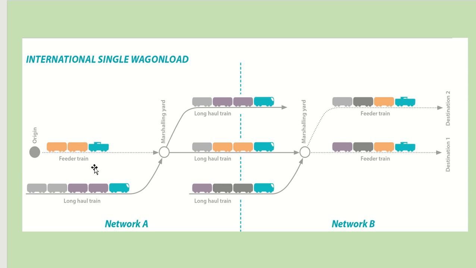The feeder train will feed some of its content to this long haul train, and then some of this will go to the other side and some will go here. Once it's here, it's another point where it can be assembled and disassembled. That's how they do things so that two networks can connect and interact with one another, and this is how they do it on an international railway system.